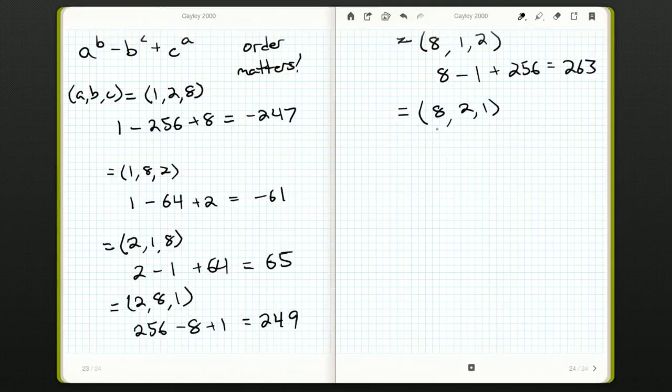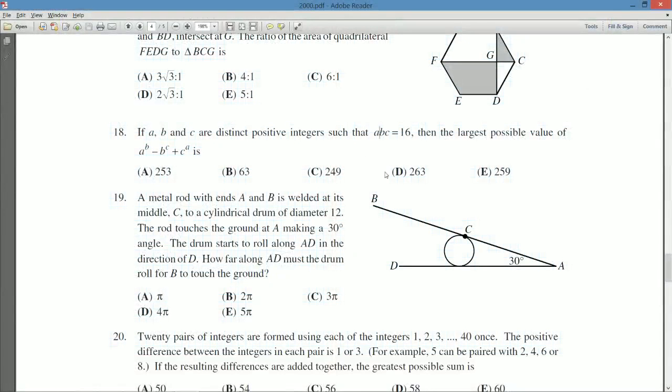And now the last case, 8 to the power of 2, that's 64. 2 to the power of 1, so minus 2, plus 1 to the power of 8, so that's 1, and we get 63. So our clear winner is 263, which I believe is the largest value. There it is, it's D.